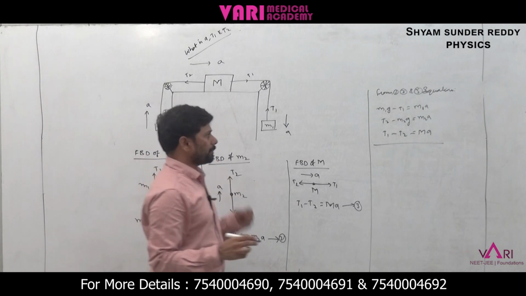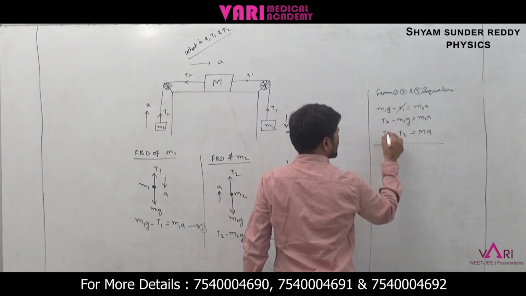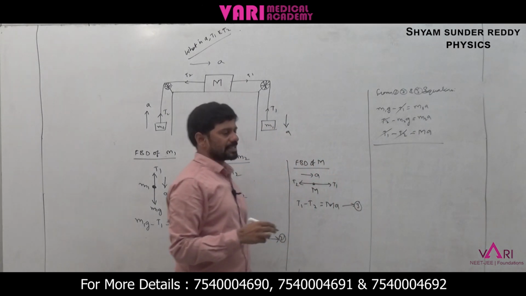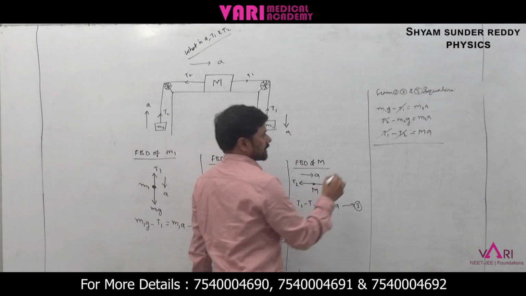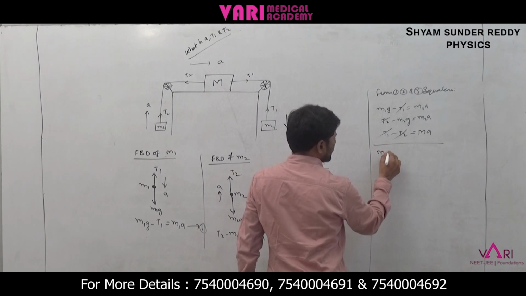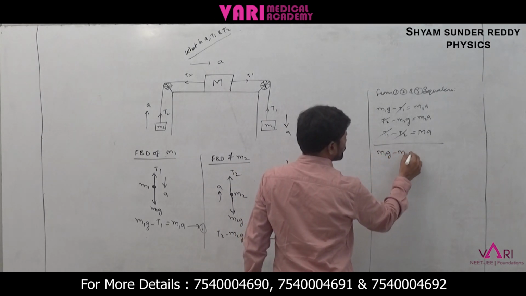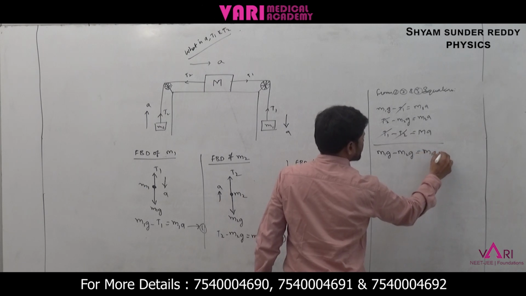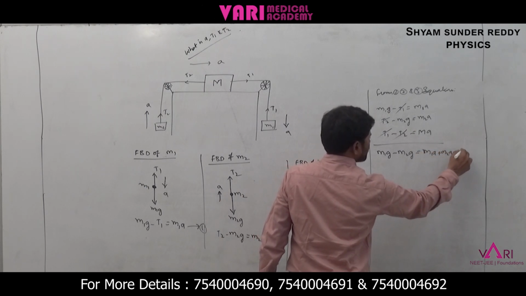Minus T1 plus T1 will be cancelled, minus T2 plus T2 will be cancelled. So we get m1g minus m2g is equal to m1a plus m2a plus MA.